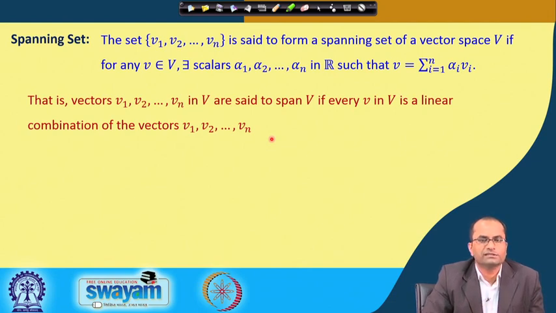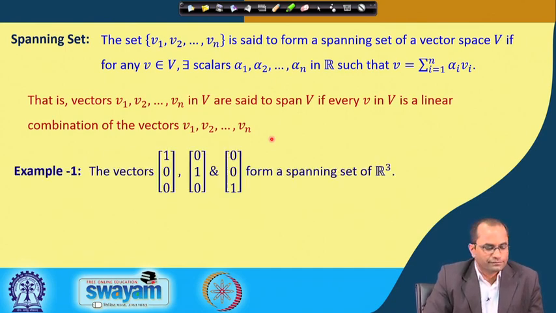So, this spanning set is very important. Once we have this spanning set, basically we can write down any vector of that vector space as a linear combination of these given vectors.